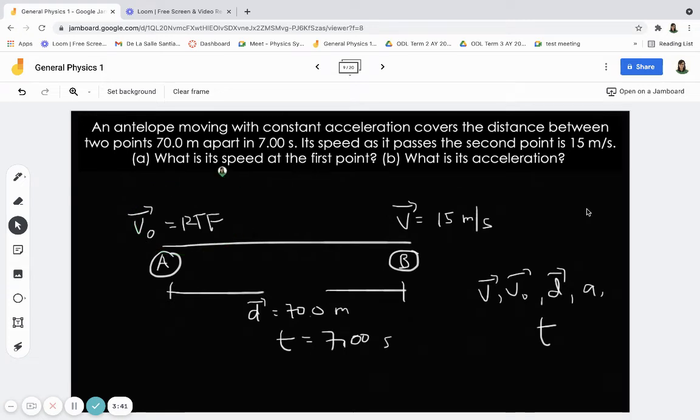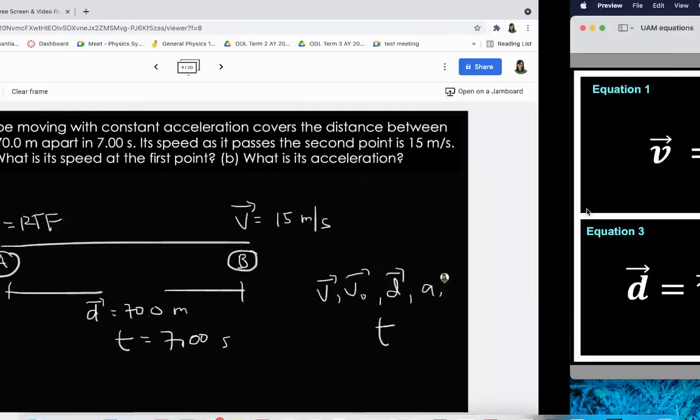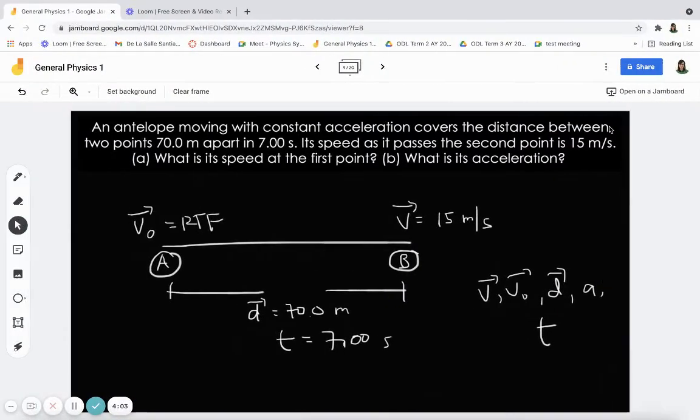Okay, you should notice that the missing variable in this problem is actually acceleration. And since acceleration is the missing variable in the problem, meaning to say acceleration is not given and it's not also the required to find, we have to pick an equation that does not contain this missing variable, acceleration. Okay, and that should be equation number 2.